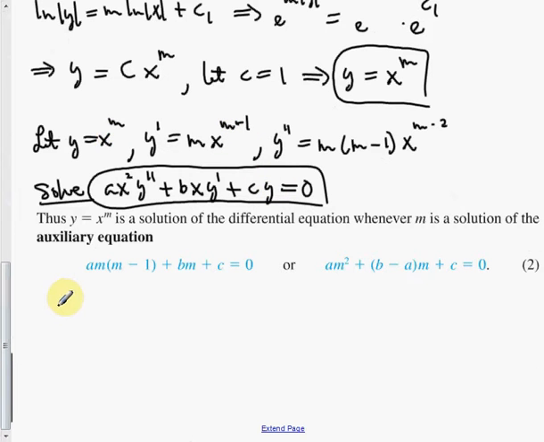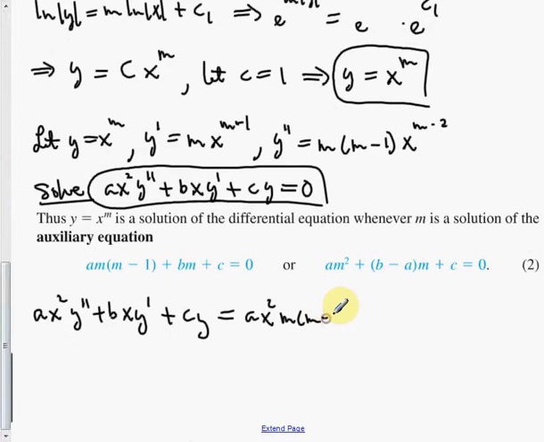So here, doing that, ax squared y double prime plus bx times y prime plus cy is equal to ax squared, well, y double prime here is m times m minus 1 times x to the m minus 2, plus bx times y prime, that's m times x to the m minus 1, plus c times y, and y is x to the m.